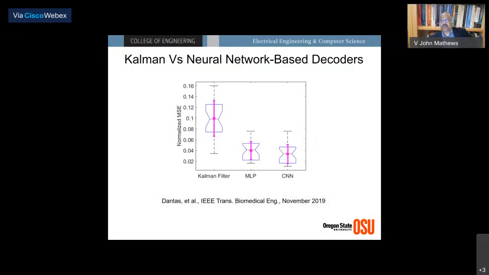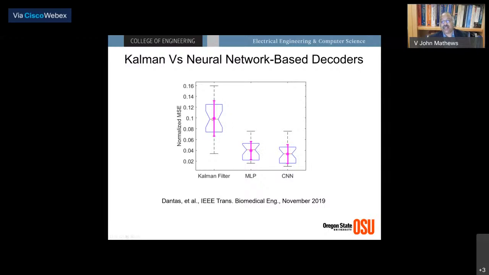So I'm just going to show you results more than anything else. Here is the normalized mean square error associated with a Kalman filter, measured in the lab, and a multi-layer perceptron and a convolutional neural network.